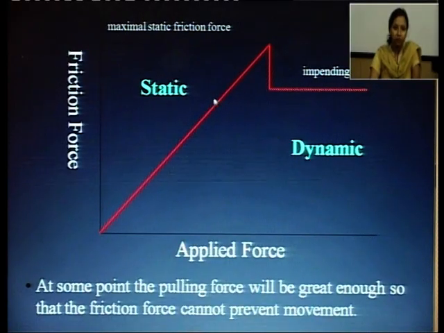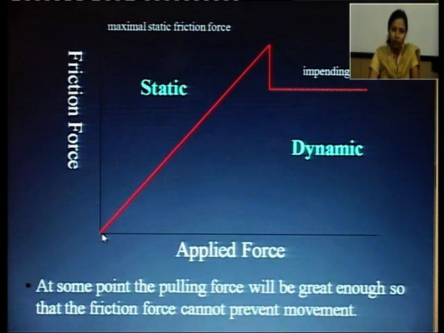I will repeat this point. This is a graph of applied force with respect to frictional force. If we increase the applied force which is acting on a body, then the static friction comes into play first because the body is not moving.